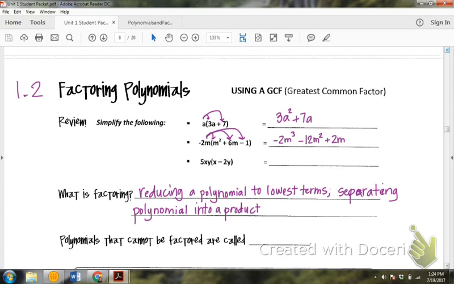Okay, try that last one. Remember to add your exponents when you're multiplying your variable. So you add your exponents.